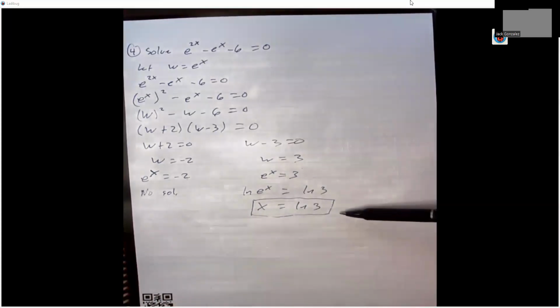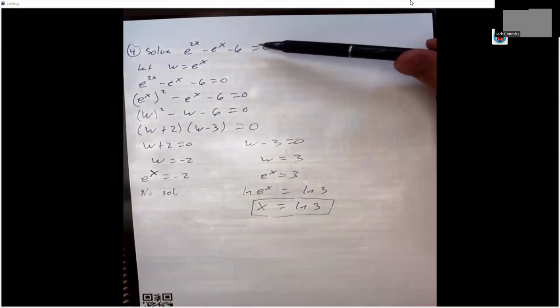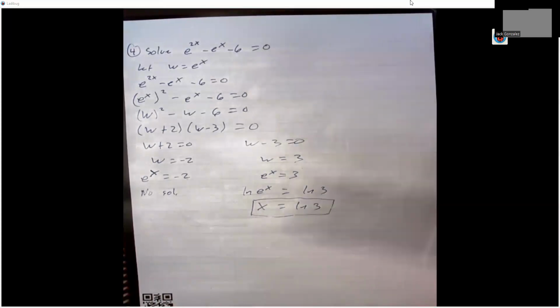And you don't have to test it in exponential equations, only the log equations. So don't waste your time there. Any questions on number 4?